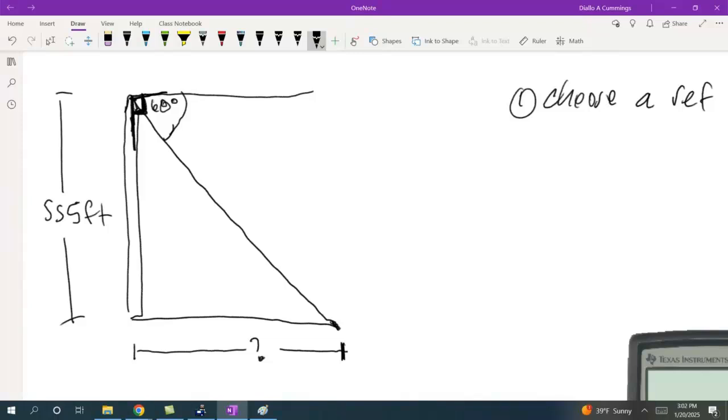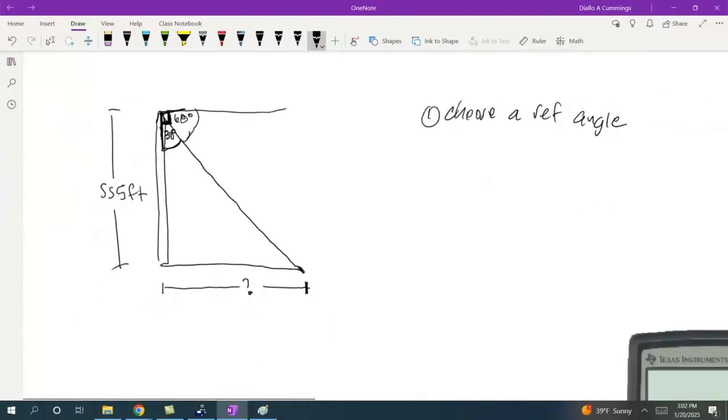From the Washington Monument, if that's a 90-degree angle, if this angle is 60, then this angle has to be 30. So I'm going to use this 30-degree angle as my reference angle.